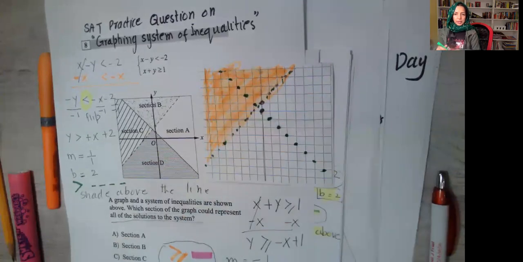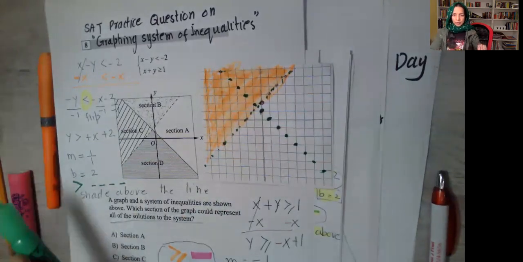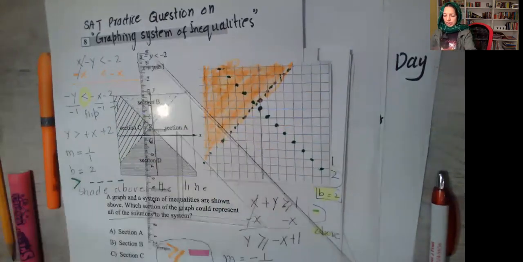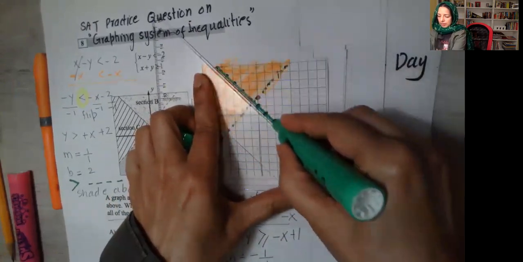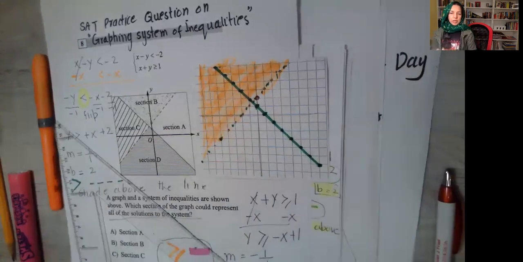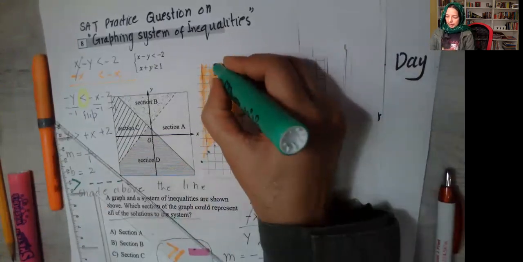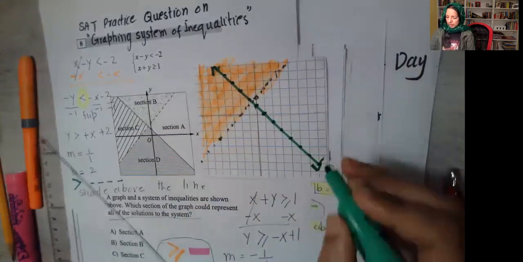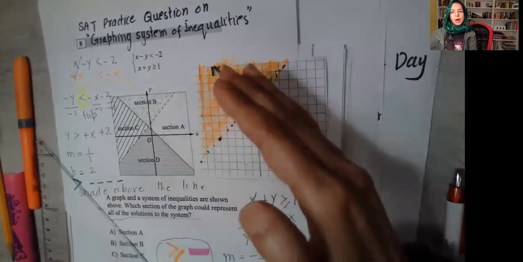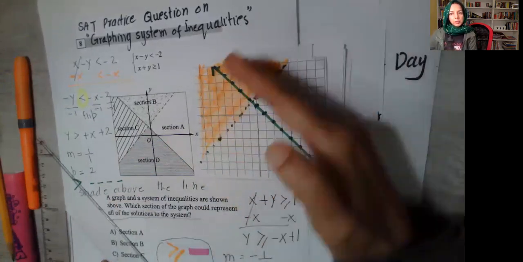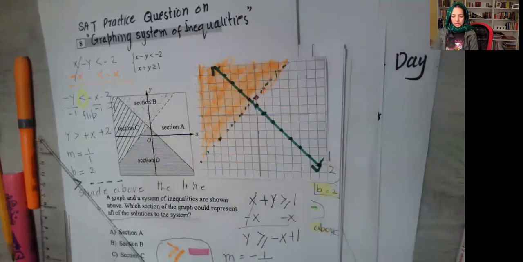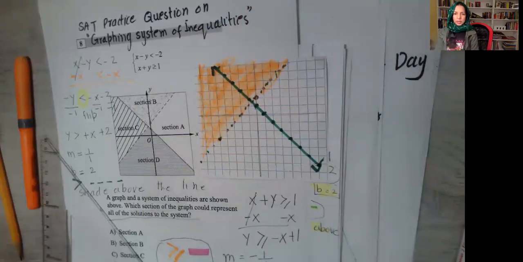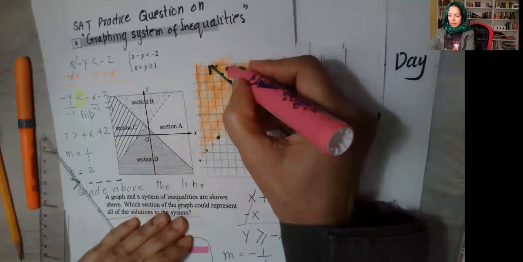And since we decided the type of line is going to be solid this time, pick up a ruler and draw a bold solid line. The shading part, we also decided it's going to be above the line, meaning on this part of the green line. So let me do the shading in a different color.